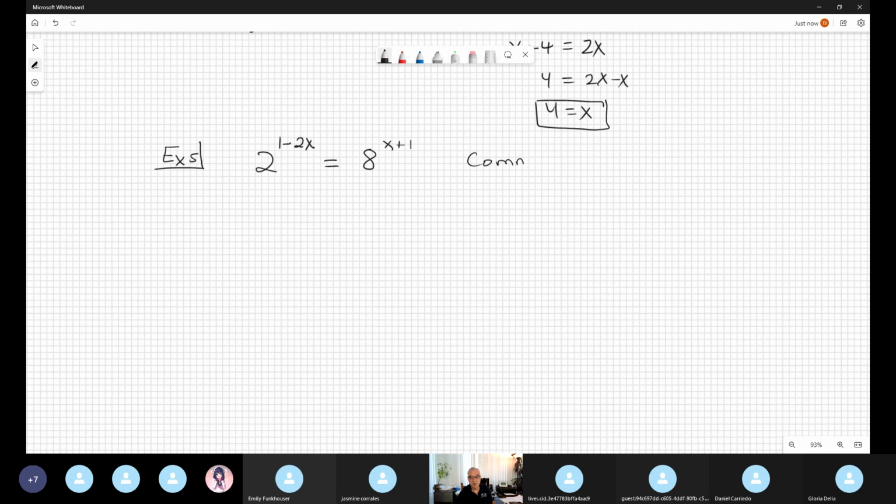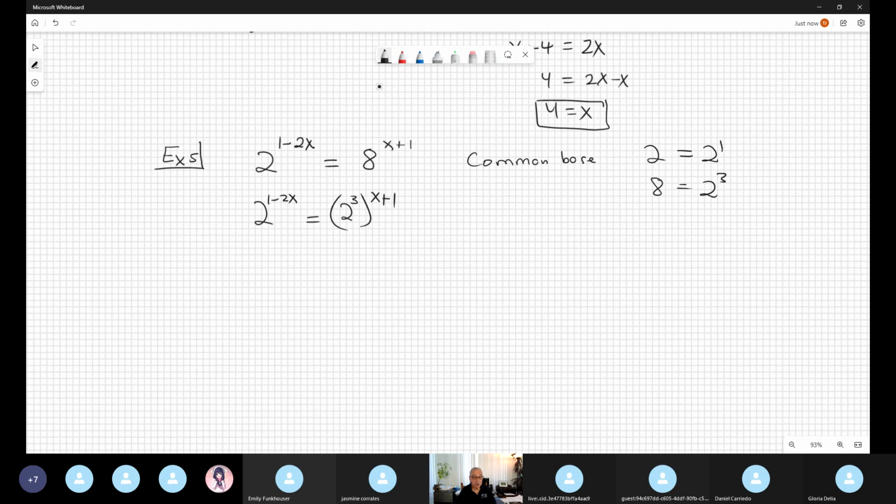Come on, guys. Say again? 2. I agree. Because 2 is 2, and 8 is 2 to the third power, similar to the first problem. So 2 raised to the 1 minus 2x is equal to 2 to the third power raised to the x plus 1.